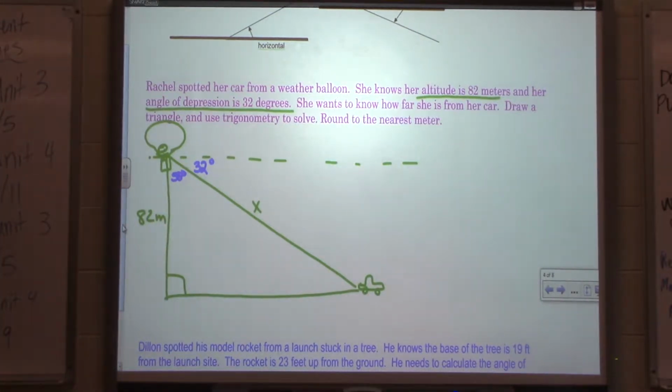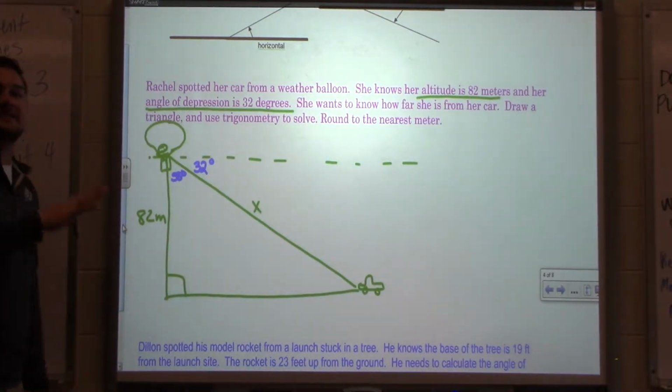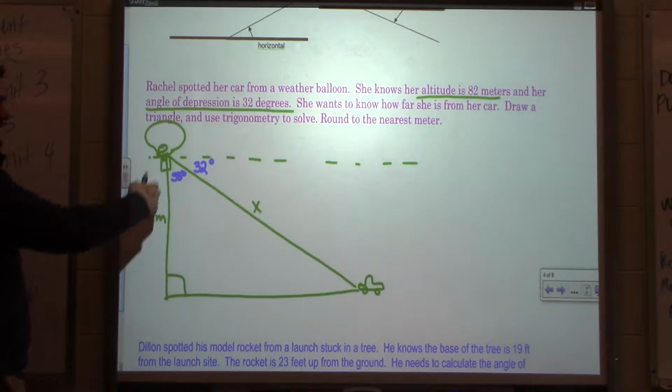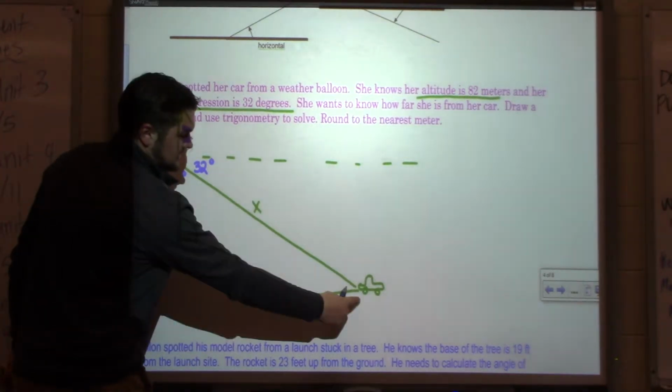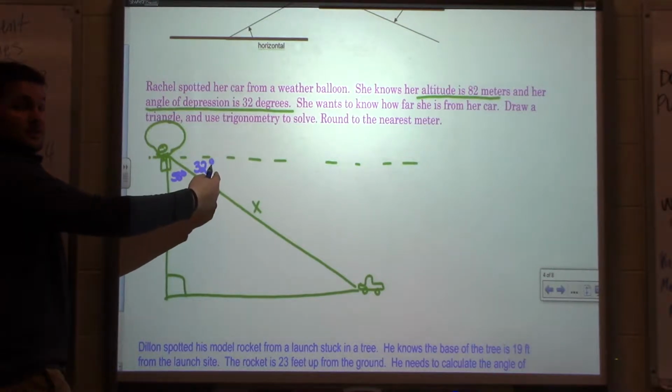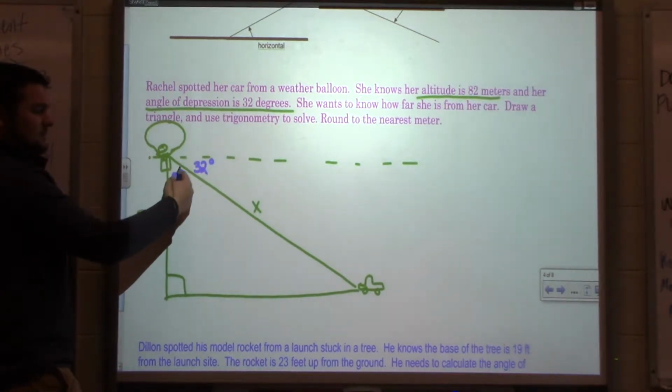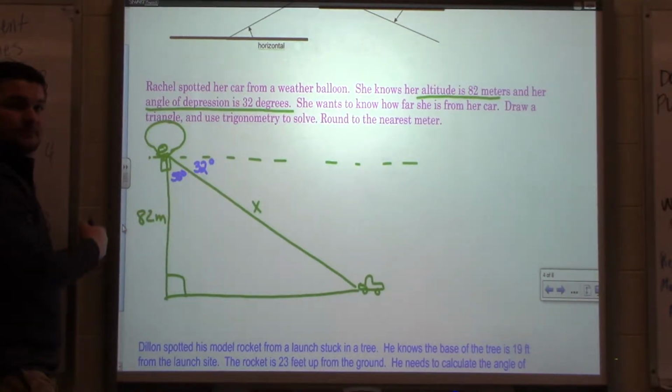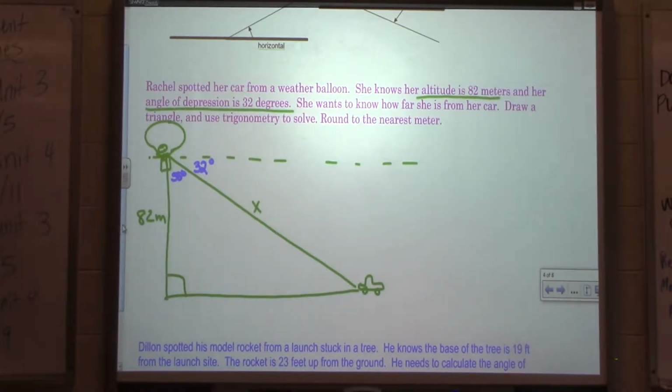Does that make sense? There's kind of a lot of jumping around there. The biggest thing, guys, is getting your picture drawn correctly. 82 meters. She wants to know the distance. Because my angle of depression is 32 degrees, this whole thing is 90, so this becomes 58. Okay? We all understand where those come from.